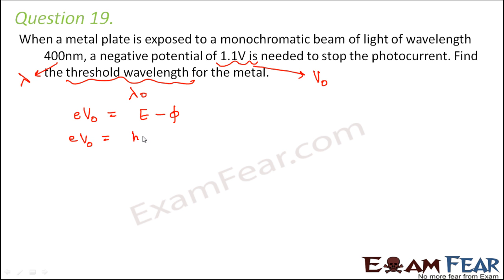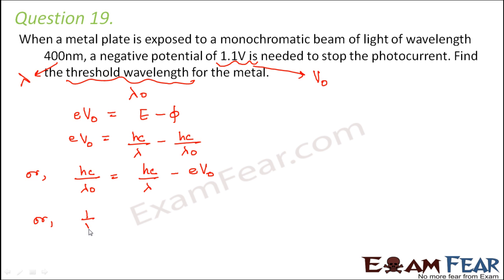So eV naught is equal to hc by lambda minus hc by lambda naught. Therefore we can write hc by lambda naught is equal to hc by lambda minus eV naught, or we can say 1 by lambda naught is equal to 1 by lambda minus eV naught divided by hc.